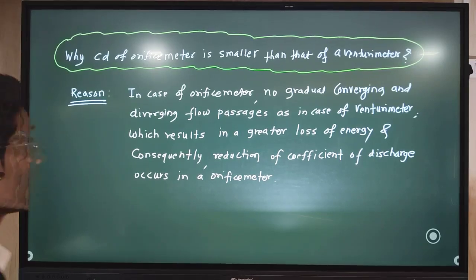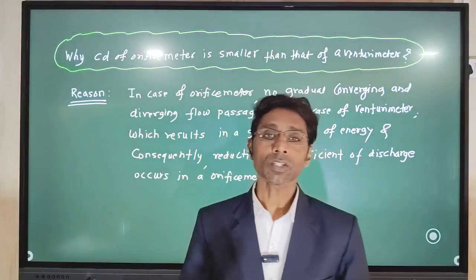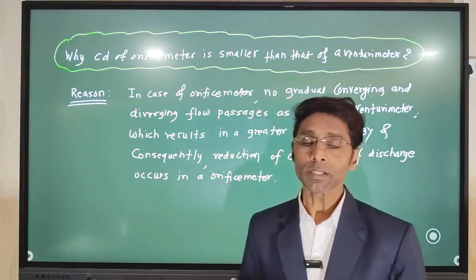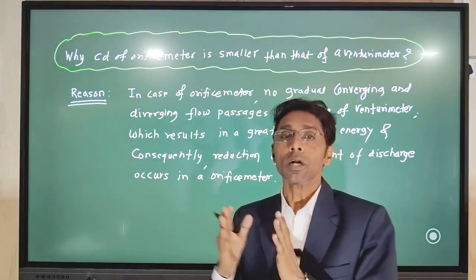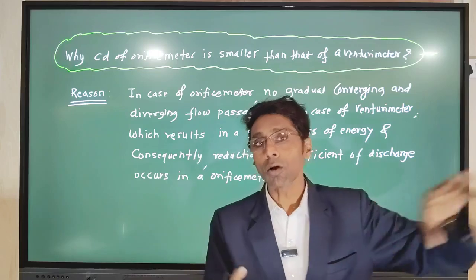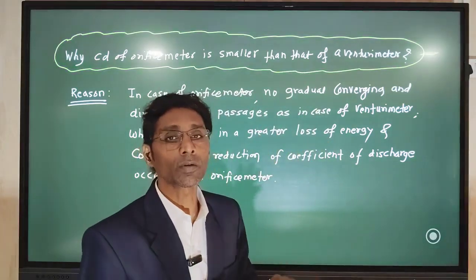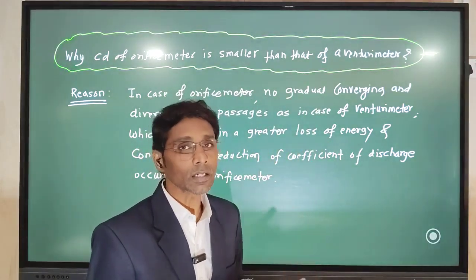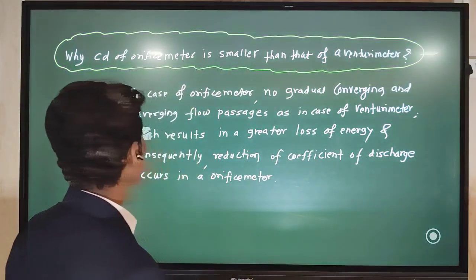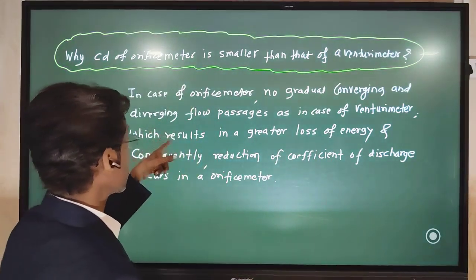In the construction diagram, as in the venturimeter, there is no diverging cone of longer length, so the orifice plate is compact in size.